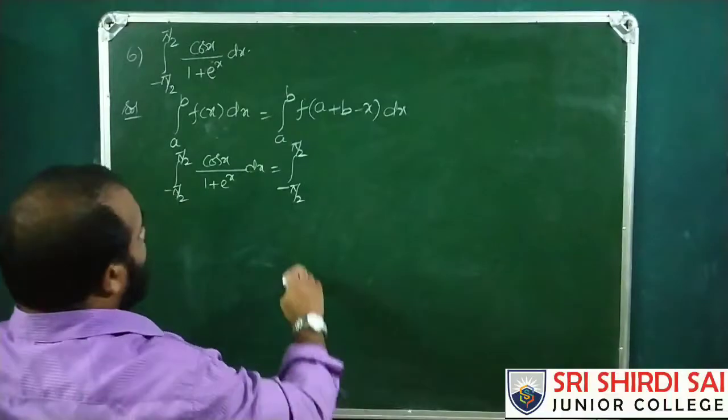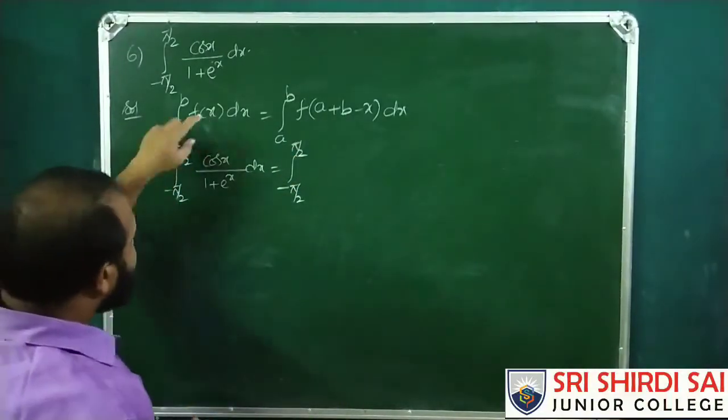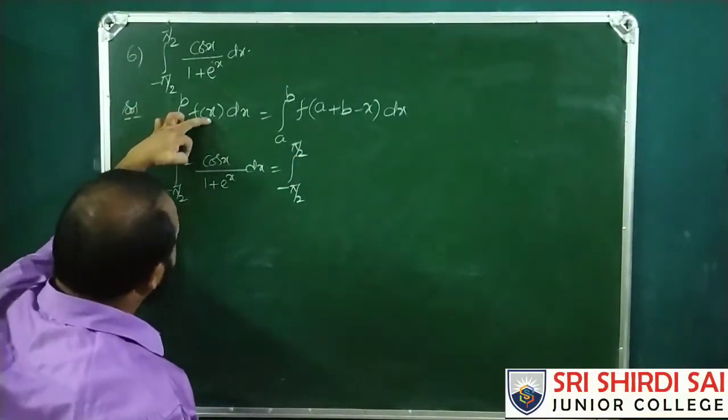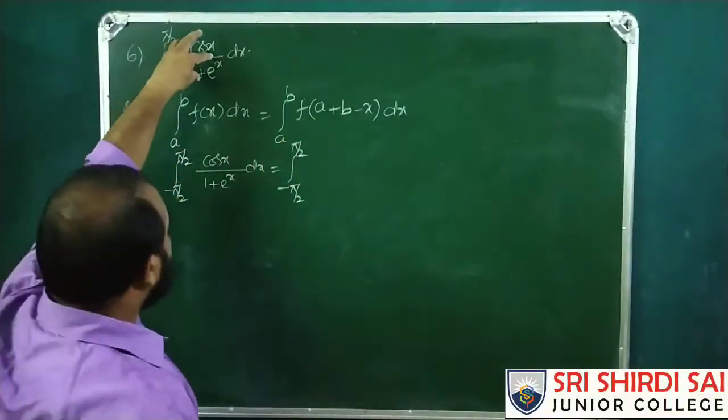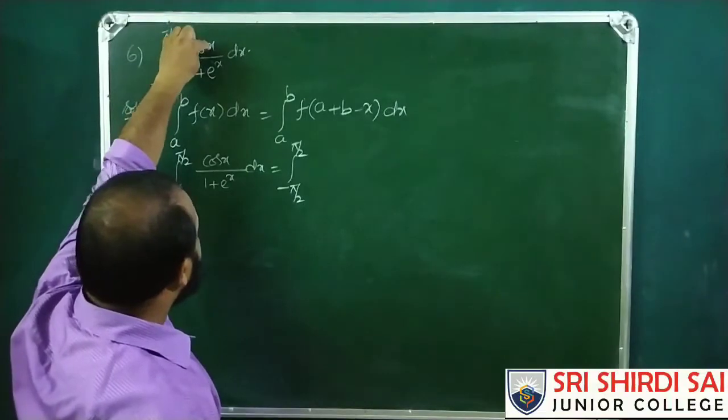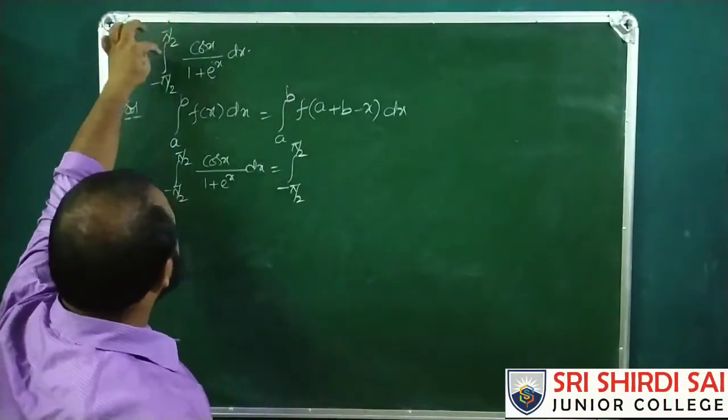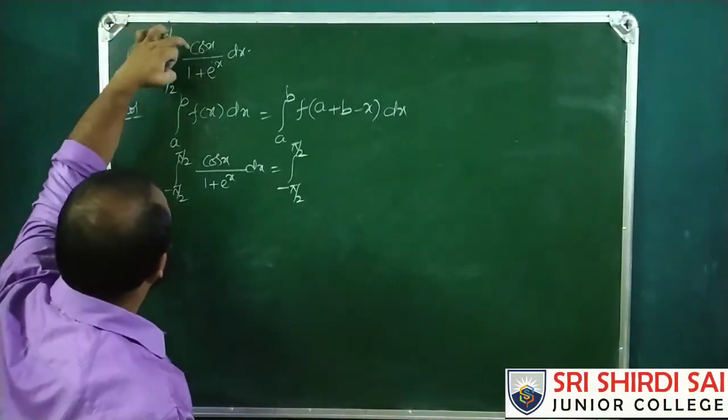So here in the place of x, upper limit plus lower limit minus x. That's why in this integrand, wherever you find the value of x, substitute upper limit plus lower limit minus x.